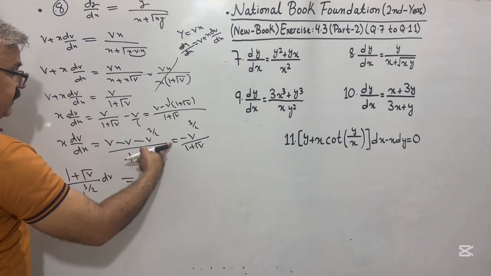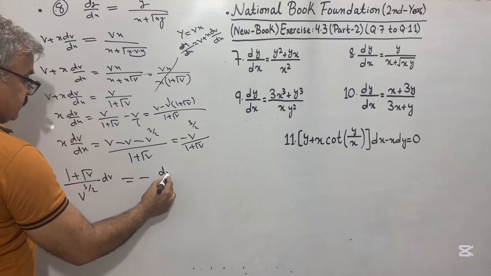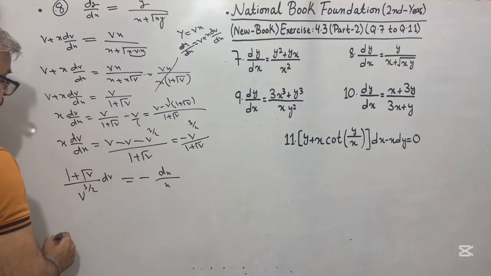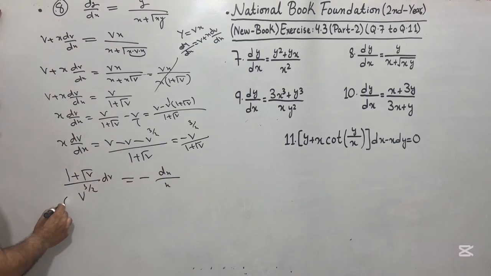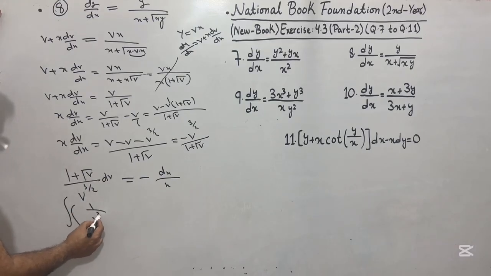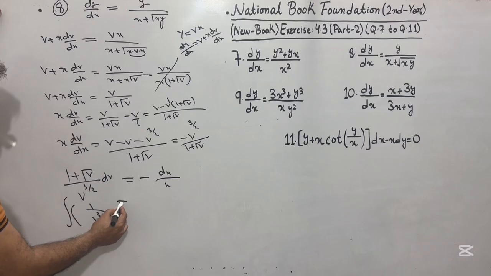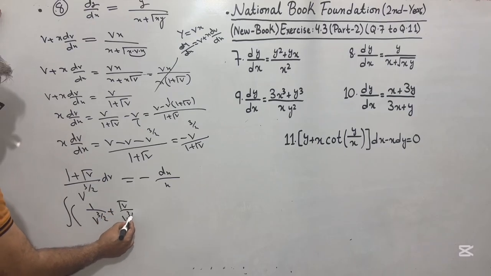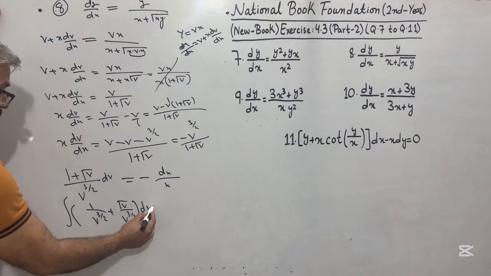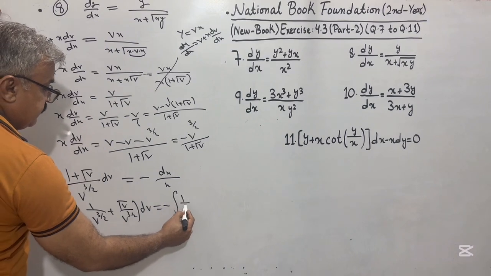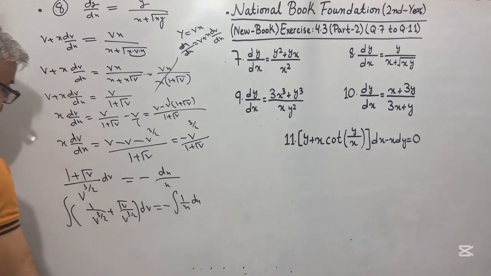So it will become minus dx over x. Integrating with respect to their independent variables, dividing separately, we have 1 divided by v raised to 3 over 2 plus root v divided by v raised to 3 over 2 dv. It is a situation of simple ln x.